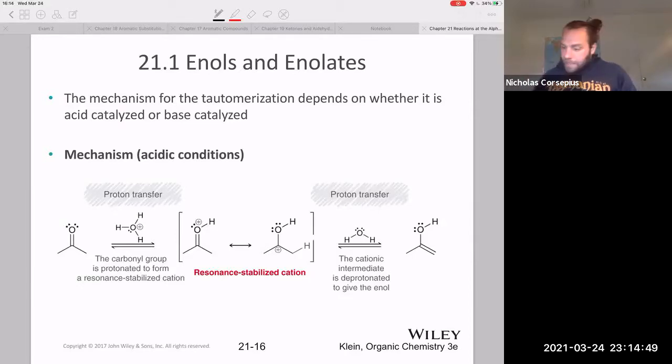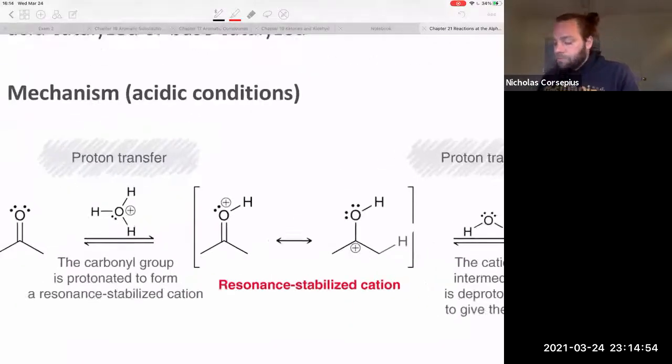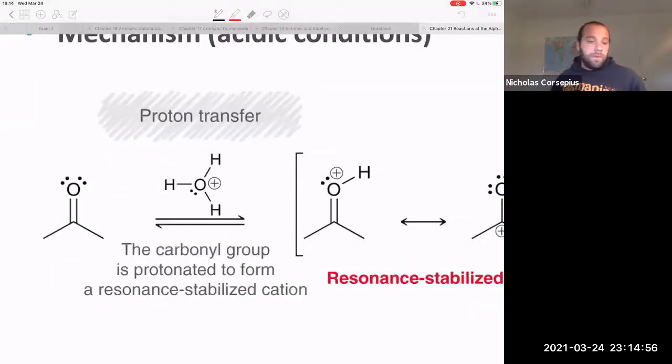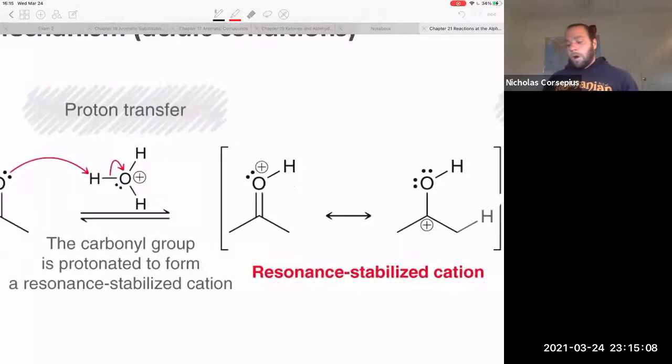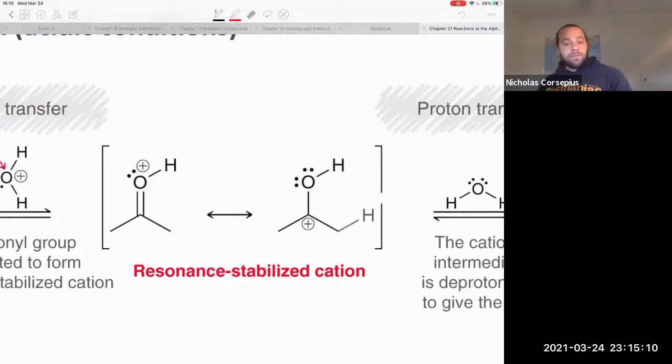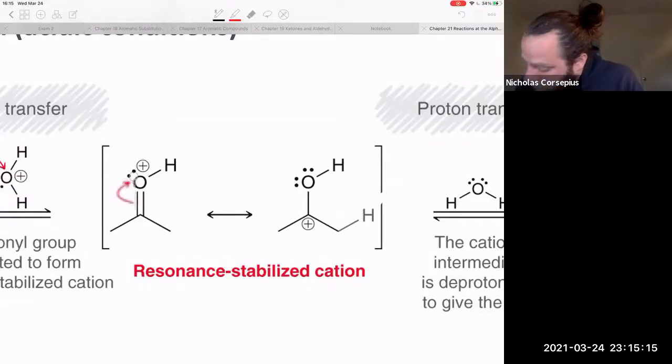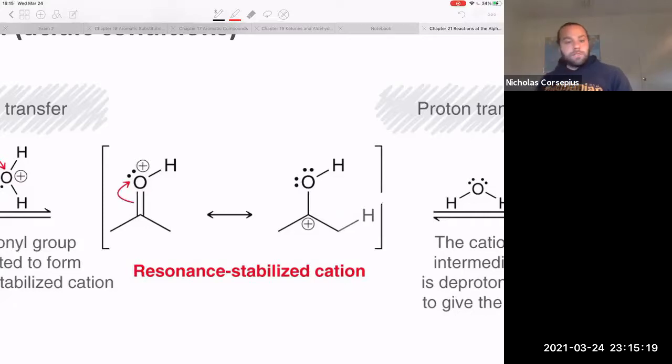First, under acidic conditions, what do we think the first step is going to be when we have a ketone? Same as always, you're going to first protonate that carbonyl oxygen. This protonated carbonyl oxygen is actually resonance stabilized, a resonance stabilized cation where the positive charge moves between the oxygen and the carbon.